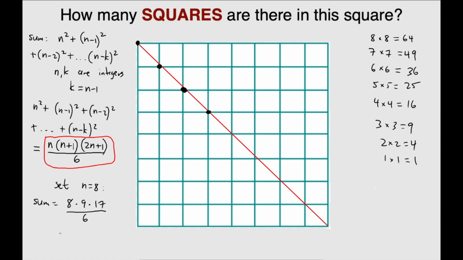And then we're going to divide that by 6. That's 1,224 divided by 6, which will give us exactly 204 squares. Now notice if we add these up, these numbers, we will get 204 squares as well. All right, so we found a formula that actually agrees with the manual counting method.